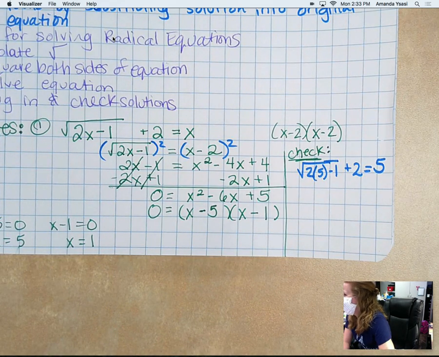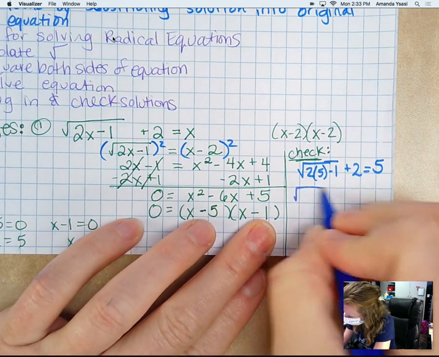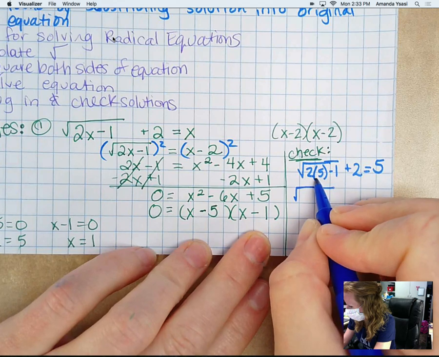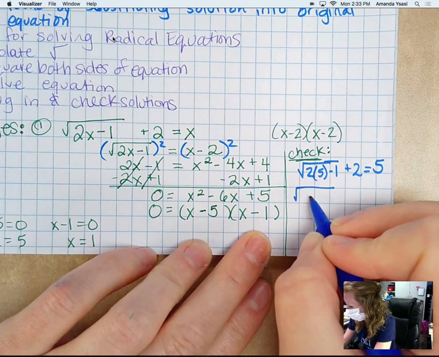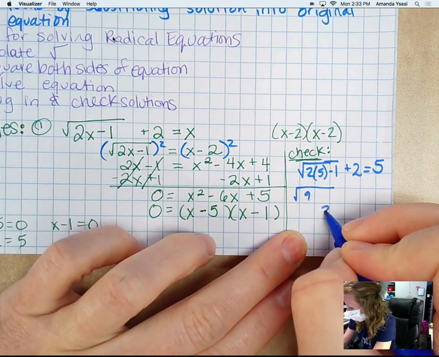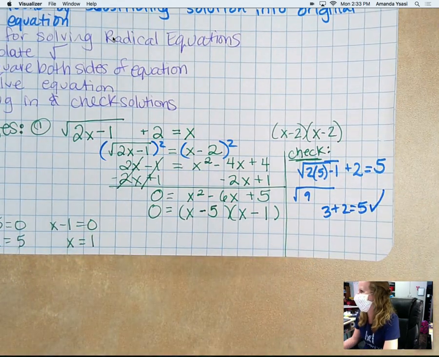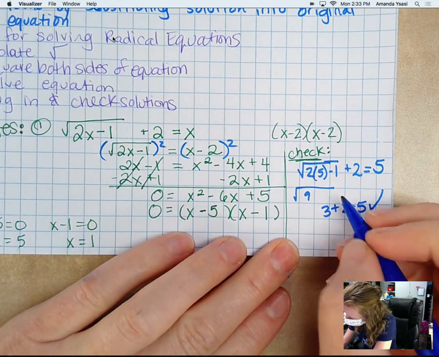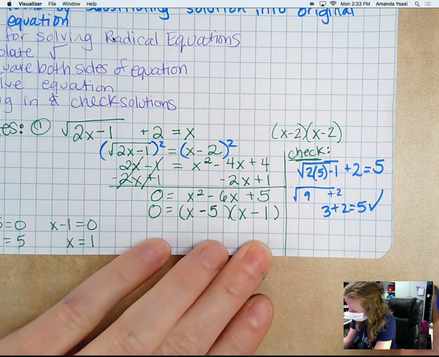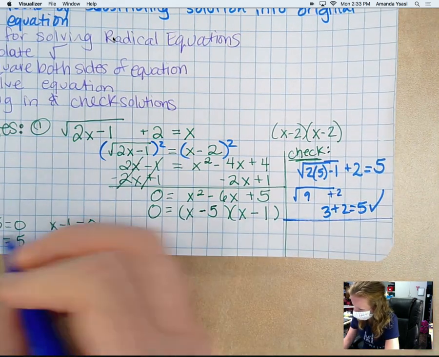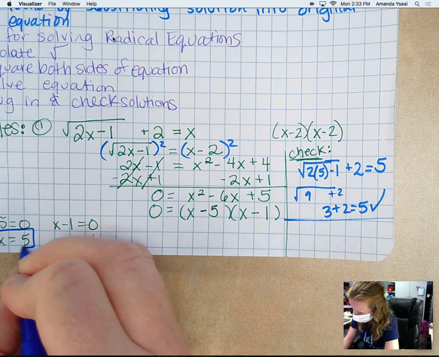You can put this all on the calculator if you want, or you can work it out by hand. 2 times 5 is 10, 10 minus 1 is 9, square root of 9 is 3, 3 plus 2 equals 5, right? So that one works. Okay, so 5 is good. So I'm going to put a little box around 5.